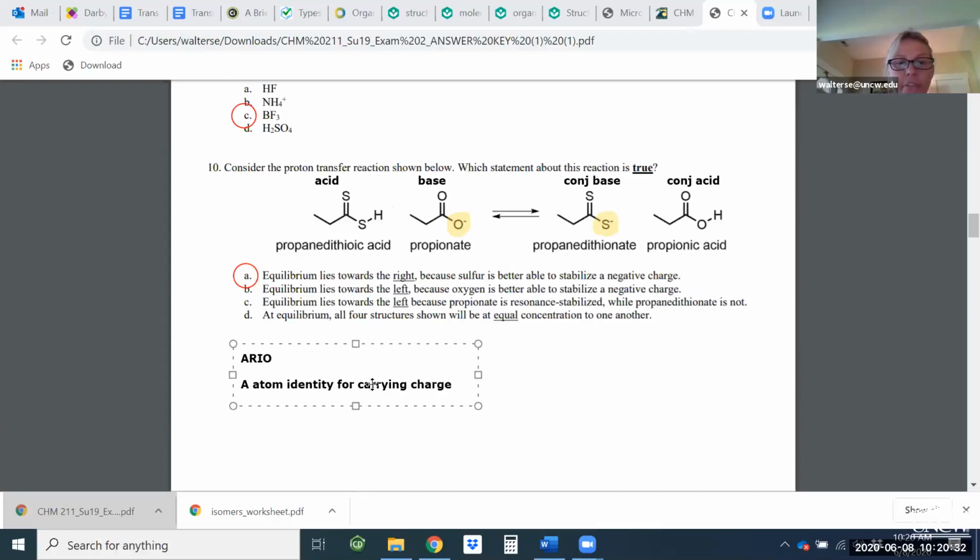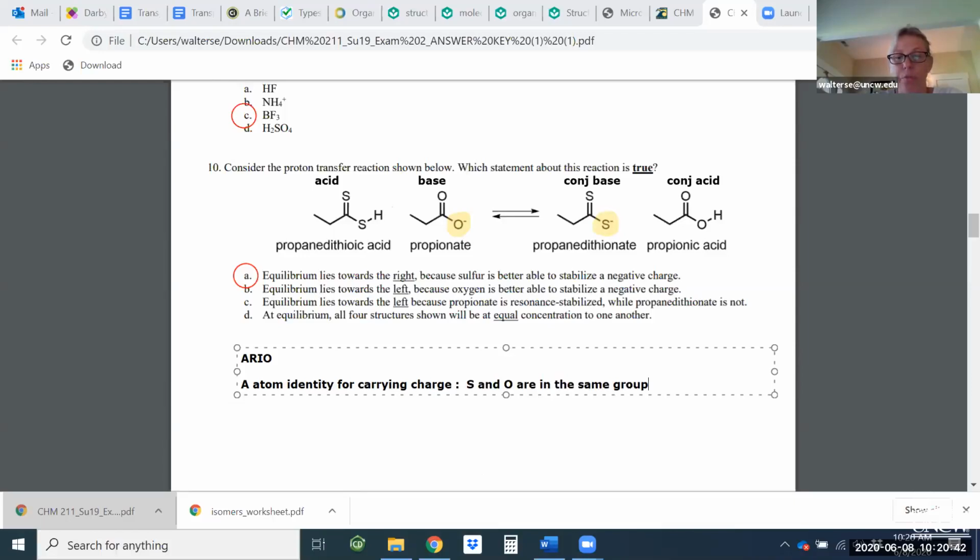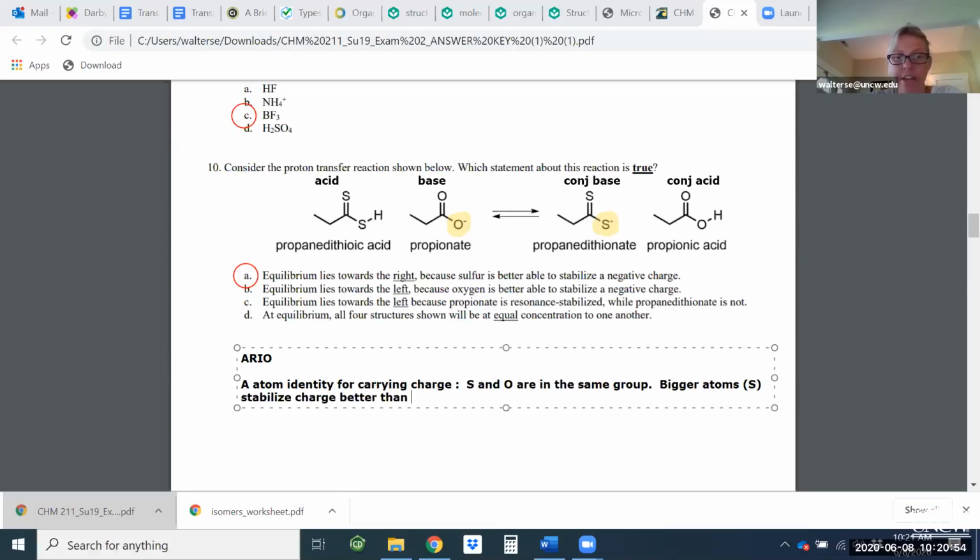So for the atom carrying the charge, we have to remember that sulfur and oxygen are in the same group. Bigger atoms like sulfur stabilize charge better than smaller atoms like oxygen.